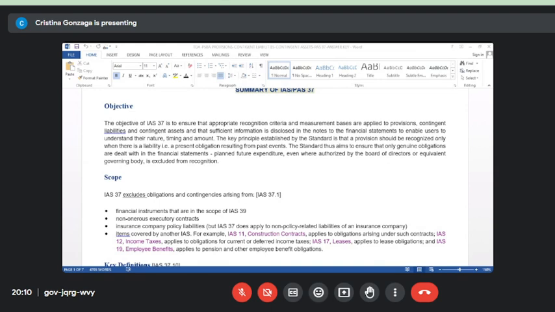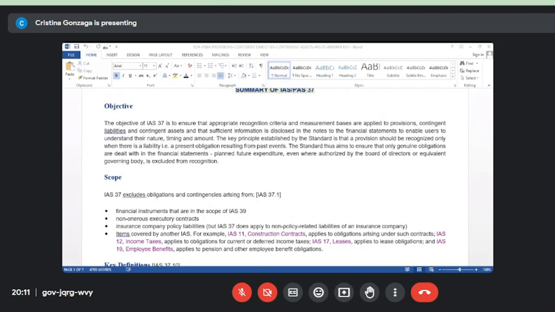Hindi mo alam kung sino yung magke-claim for warranty or for repairs. Yung estimated premium payable, hindi mo alam kung sino ang magke-claim ng premium. Sa gift certificates, hindi mo alam kung sino yung magke-claim ng merchandise because he or she bought a gift certificate. So in some cases, the payee cannot be determined.